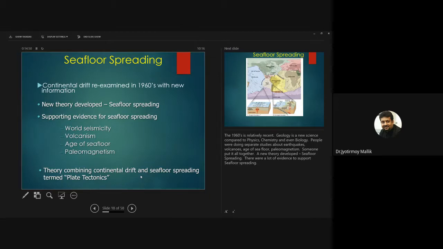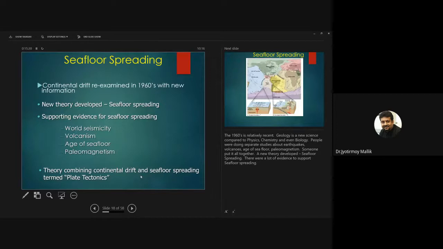Continental drift was re-examined in the 1960s with new information, and a new theory was developed around seafloor spreading. The supporting evidences for seafloor spreading were world seismicity, volcanism, age of seafloor, and paleomagnetism. We are going to touch upon them briefly here, but we will discuss them at length when we go to the corresponding chapters, right?